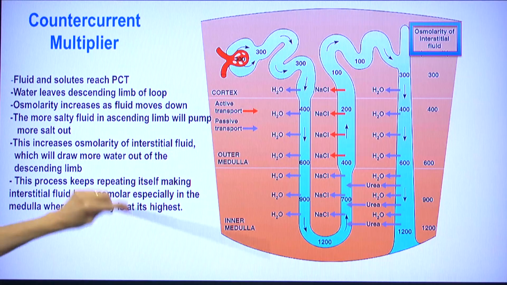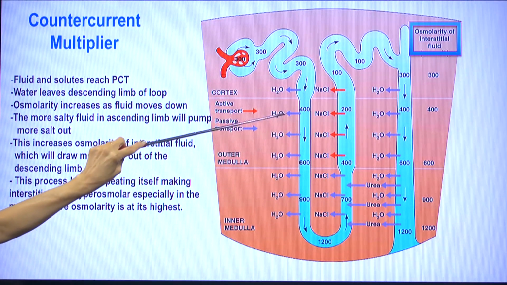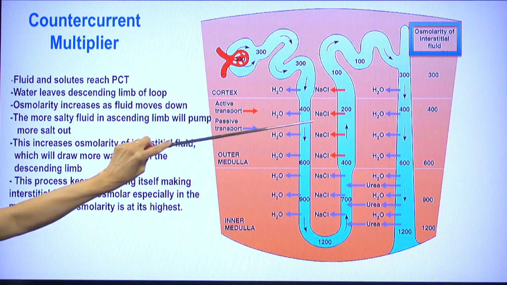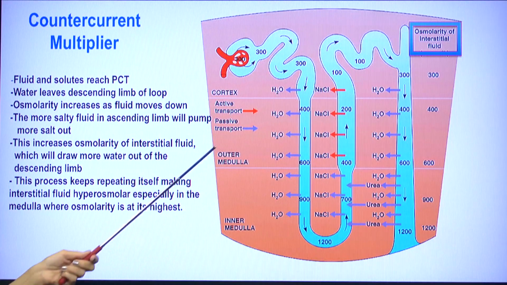Because of this difference in osmolarity and the difference in the permeability of those two parts of the tubule, something is going to occur in the loop of Henle. We call this concept countercurrent multiplier. Let's understand this slowly as we go through it.